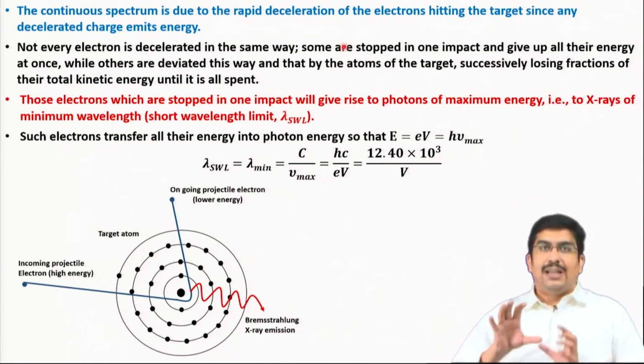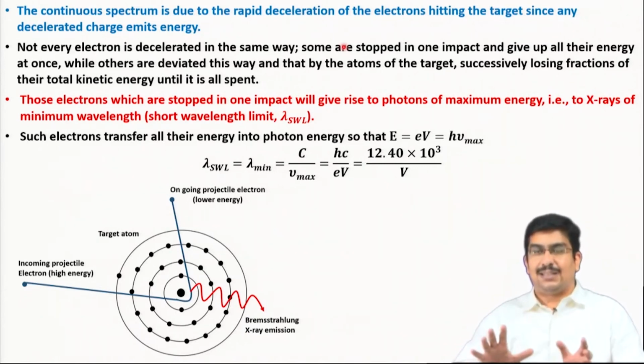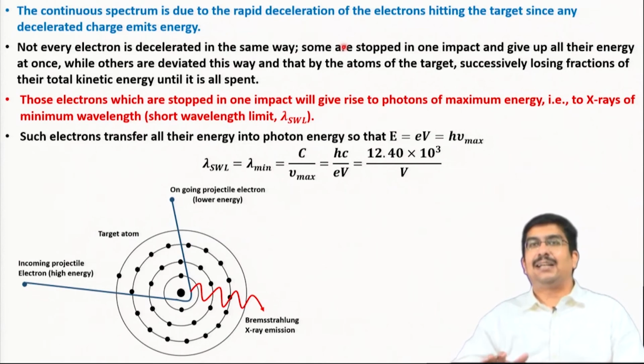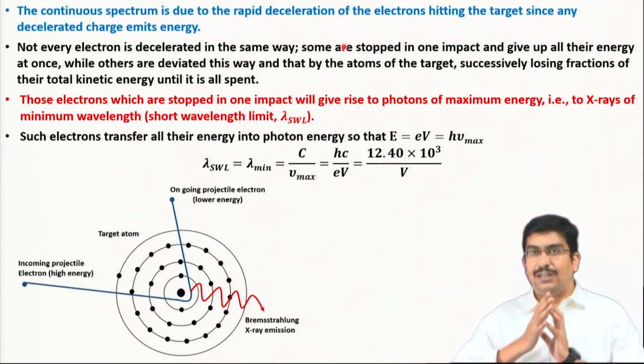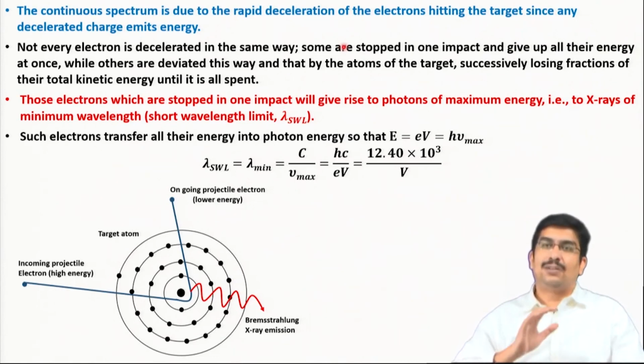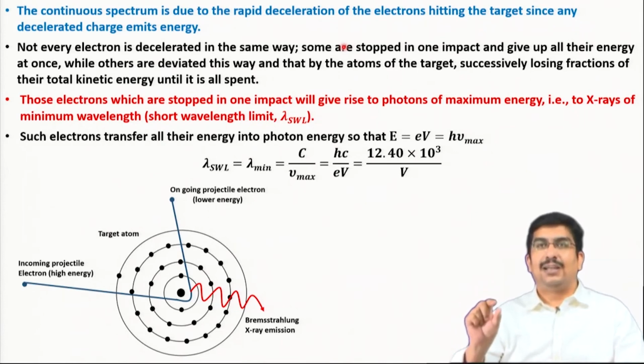Okay. So, the electrons which are stopped in one impact give all their energy. The electron stopped in one instant, in the first blow itself, loses all its kinetic energy and gives that energy to the X-ray. Those X-rays will have the highest energy, and correspondingly the minimum wavelength.